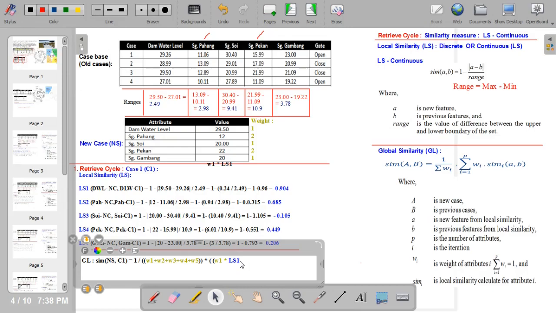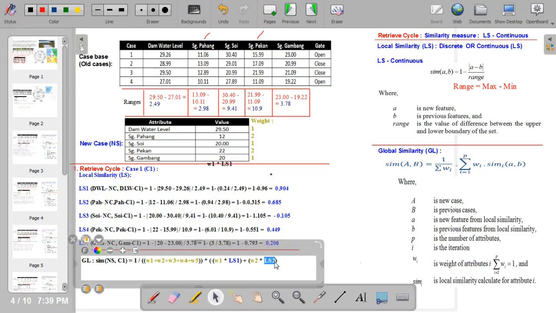LS1 means the local similarity degree for the first attribute, which is the dam water level, then plus 2 multiplying by LS2, right? Then close bracket.